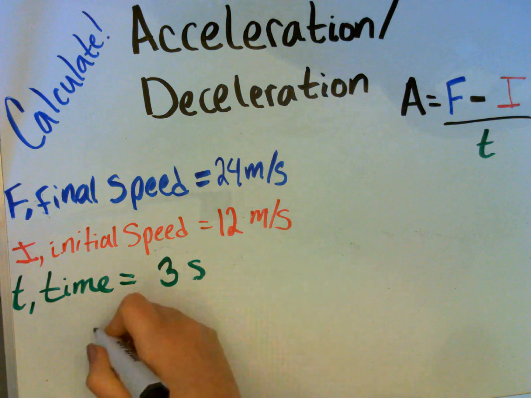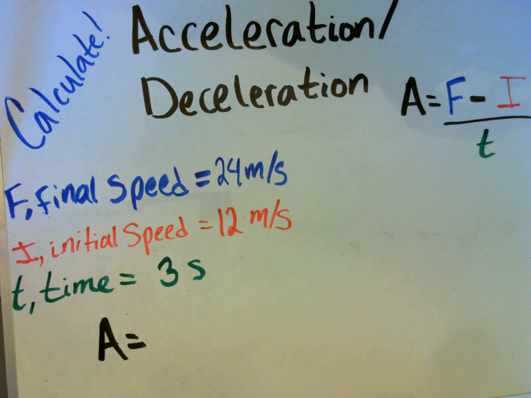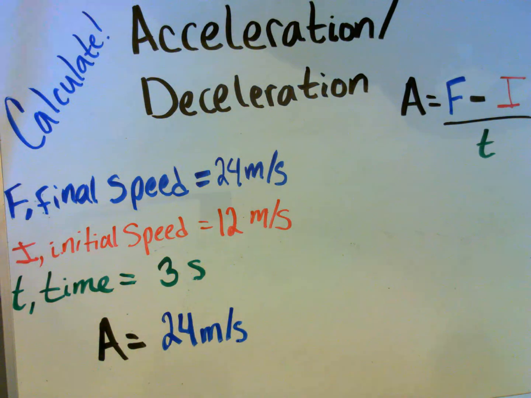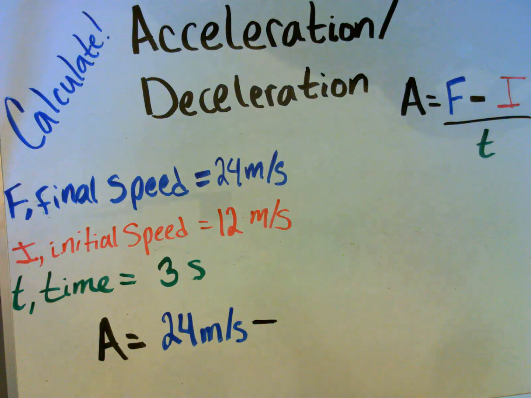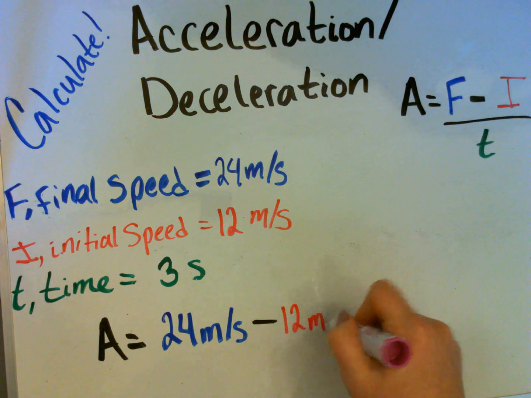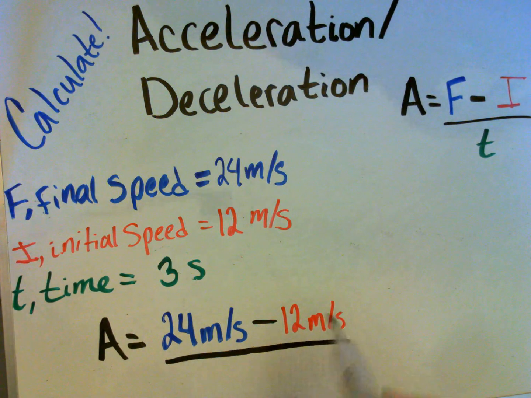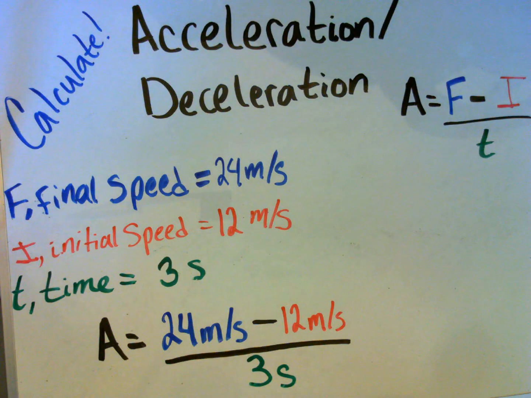We know acceleration equals 24 meters per second minus 12 meters per second, all divided by 3 seconds. So pause the video here and give yourself a minute to try to solve this acceleration problem on your own.